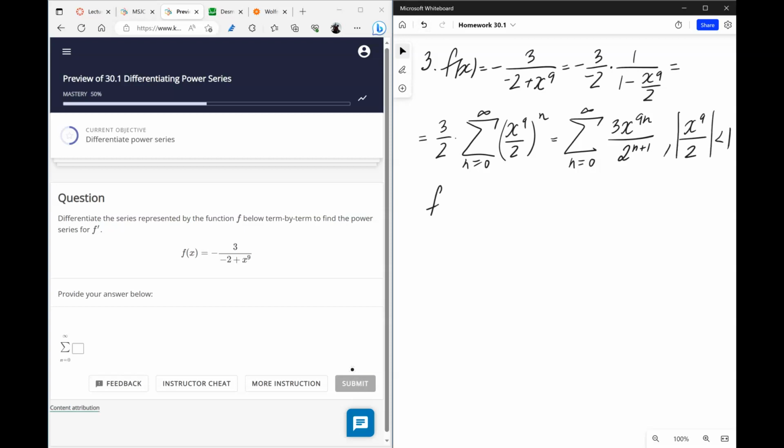And to find the power series of the derivative, we're going to differentiate term by term. Again, I'm going to do the right thing. I'm going to bump up the index here. And we're going to re-index it.